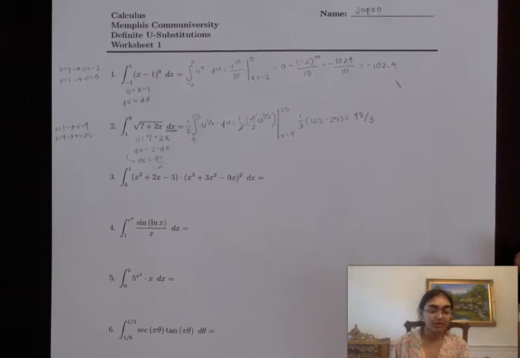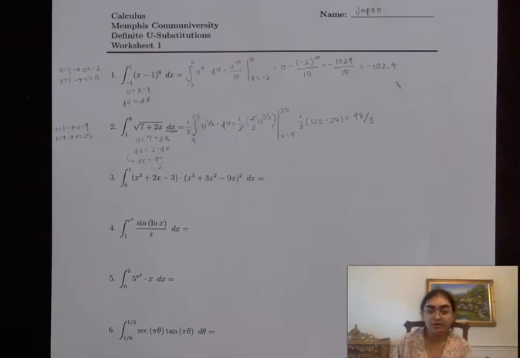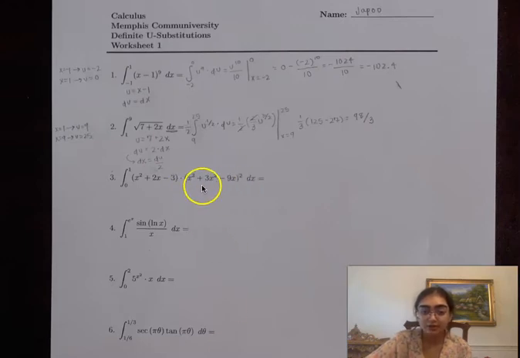All right. Number 3 is where it gets a little more complicated. And that's because it's a little confusing to figure out what exactly our u value is. So if we look at this closely, we can actually see that if we take the derivative of this value right here, we would get 3x squared plus 6x minus 9, right?